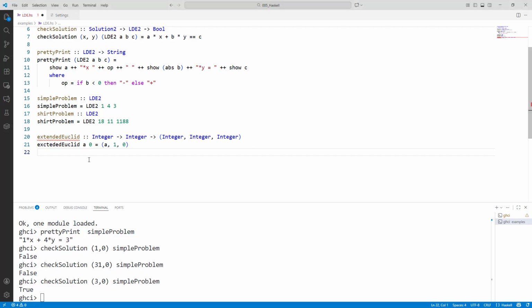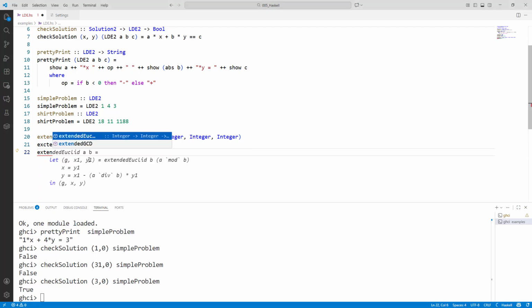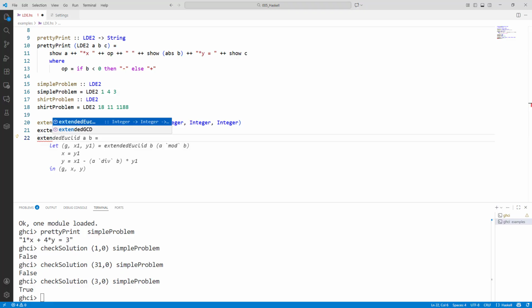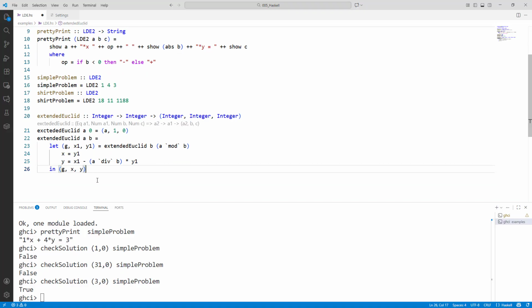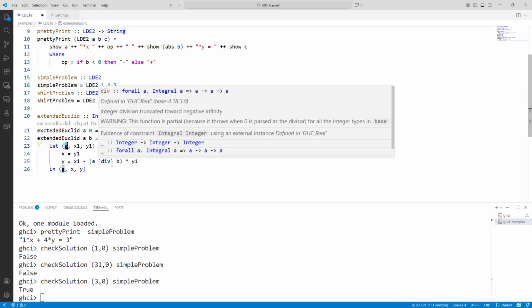So let's continue here. On extendedEuclid of B and A mod B, that's correct, and I think almost everything it proposes is correct, because these are basic functions.